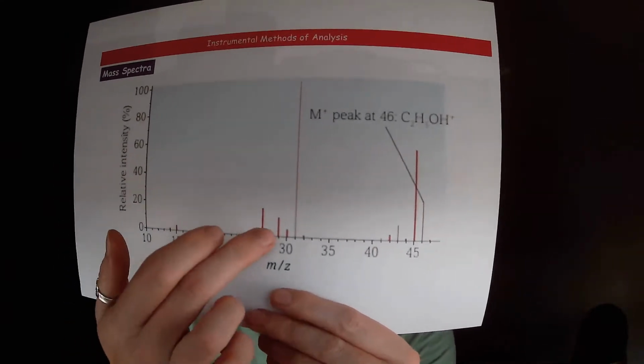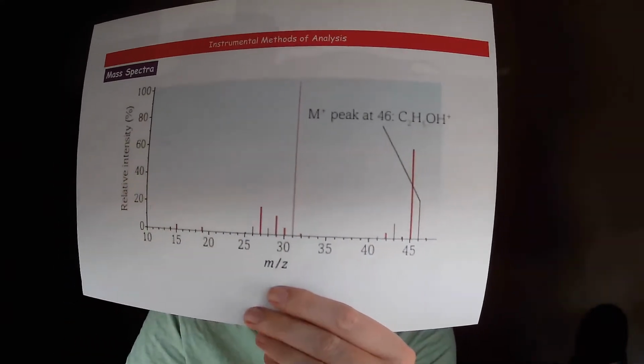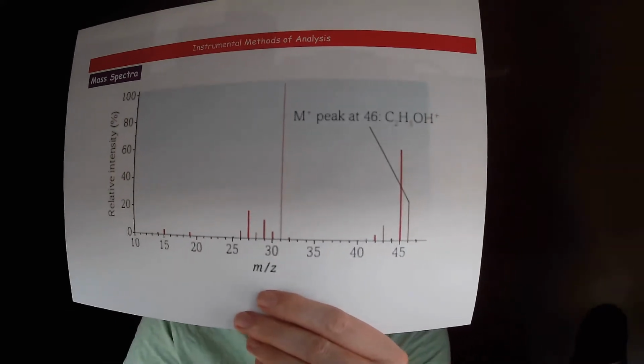So when we're looking at it, the actual height of these peaks tells us the amount of that particular thing as well. Now, what we have on the x-axis is this thing called the mass to charge ratio. And quite simply, if we're looking at the mass to charge ratio of the molecular ion, the one furthest to the right, that is the same as the relative formula mass of that molecule.